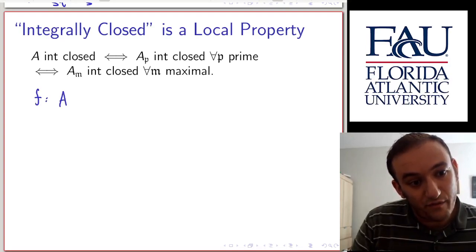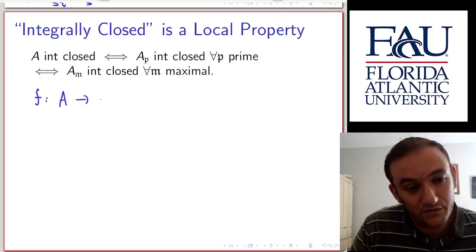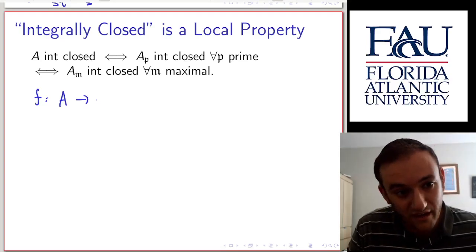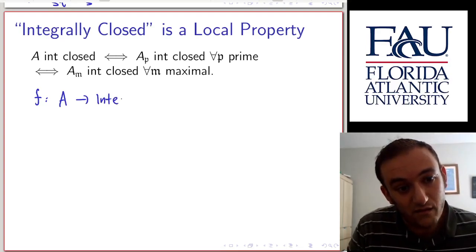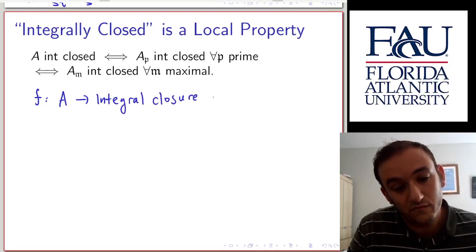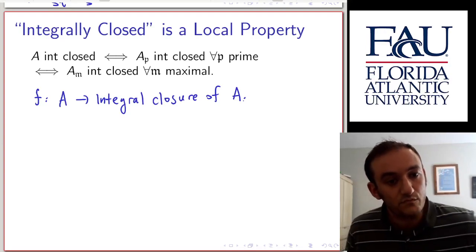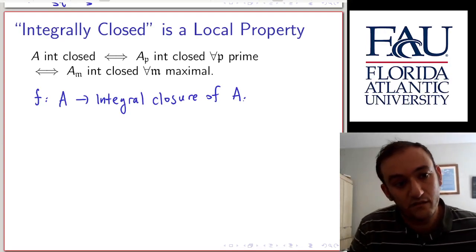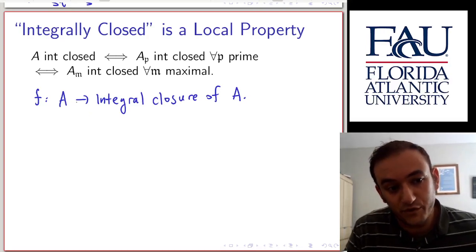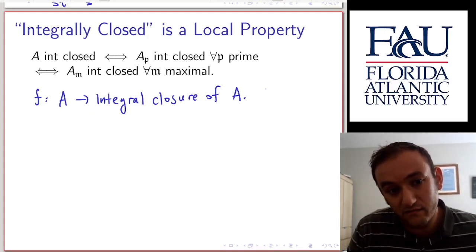sending f from A to the integral closure of A, and here we're just taking this map to be the identity.